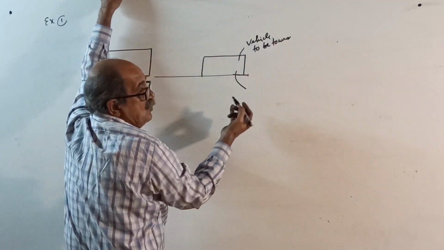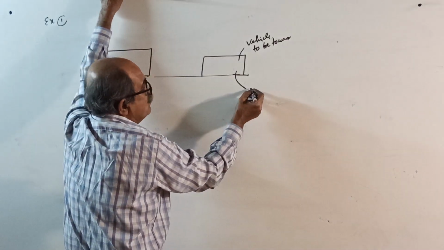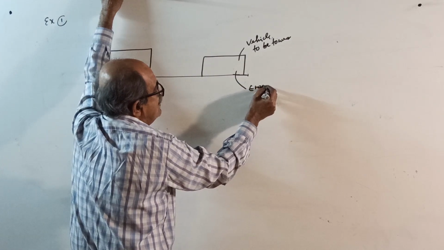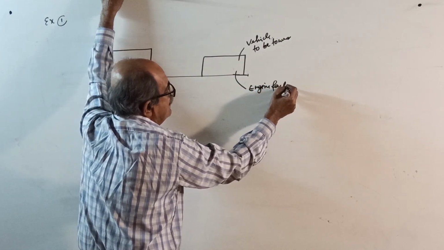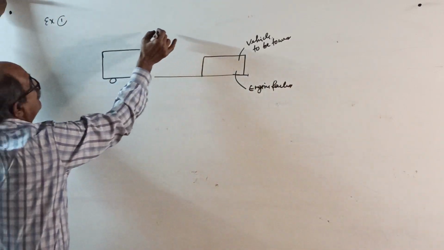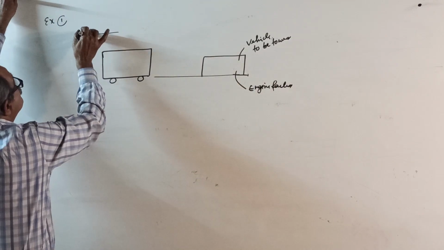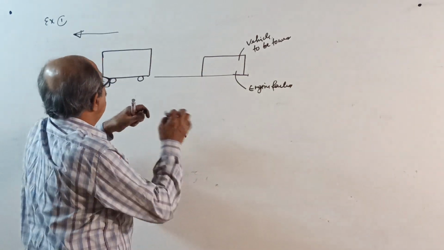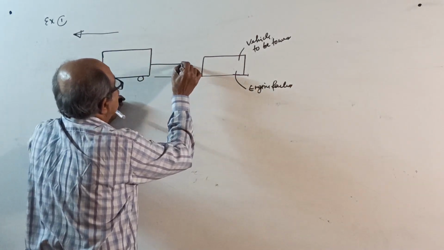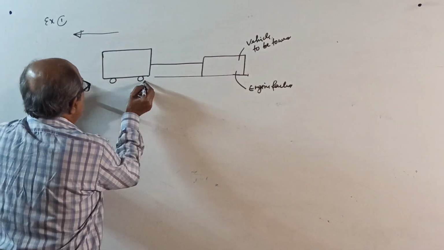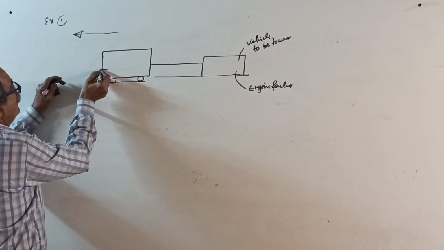What happened? Engine failed. It is not working. Imagine you want to move this way. Your purpose is to go this way in the road. How to do it? You put a connecting member, some rope. This will start moving.